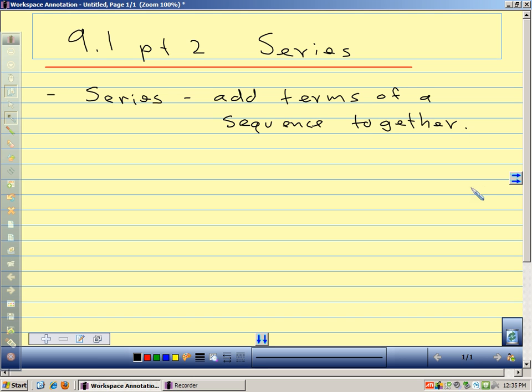A sequence is just a list of numbers. A series, we end up adding them together. And the symbol we use to write that is called summation notation or sigma notation.